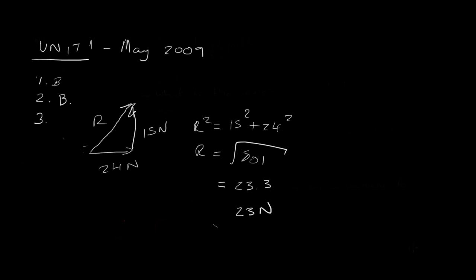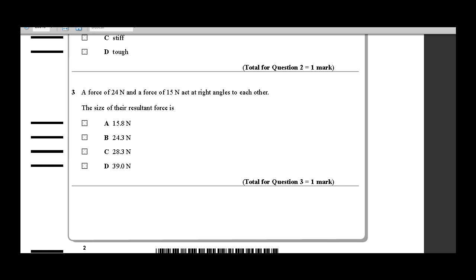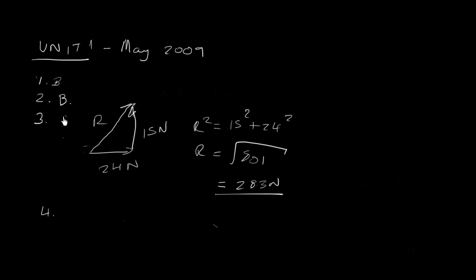Yeah, something was wrong in the calculator, but the 801 was correct, and the square root of that is actually 28.3 newtons. So that was okay. So in other words, question 3 would be part C.